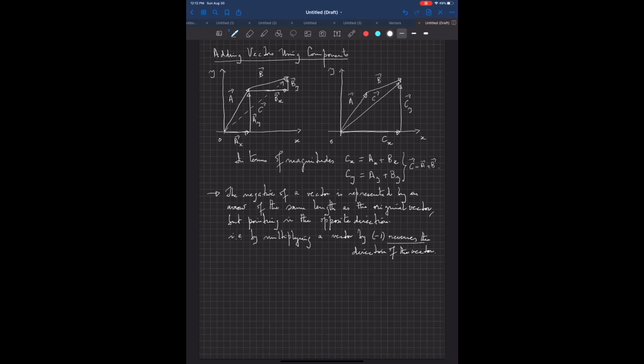Okay, so let me underline that. Reverses the direction of the vector. So if I have a vector A, if this is the vector A, then this is the vector minus A.